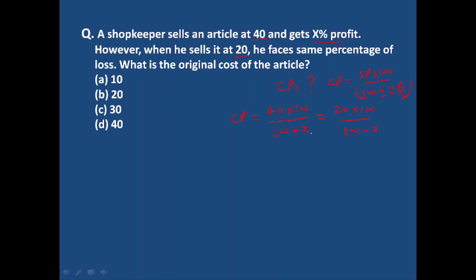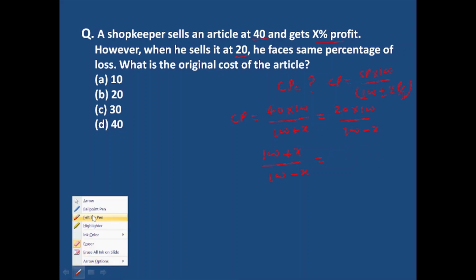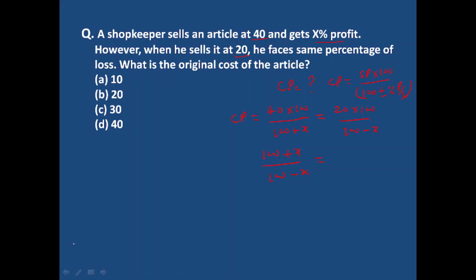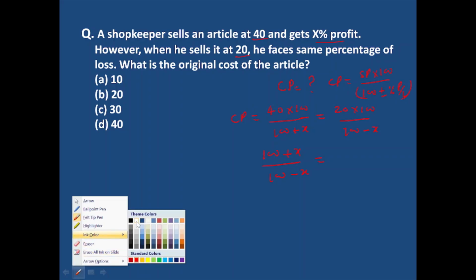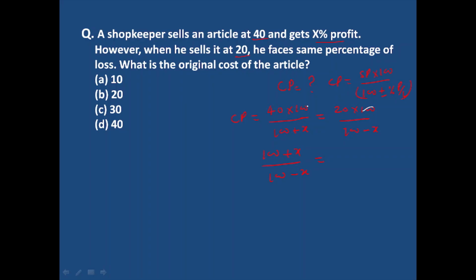We can simplify it: 100 plus X divided by 100 minus X will be equivalent to 20 into 100 over 40 into 100. 100 will cancel out 100, and 20 will cancel out 2 times, so this will be 2 divided by 1.